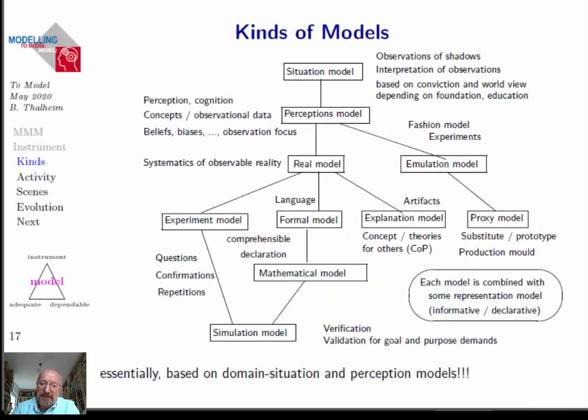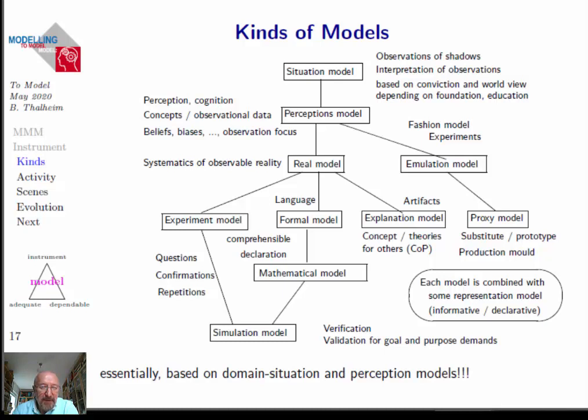As already said, in the mathematical method we have something like a situation model. The situation model can be somehow based on a perception model. It is somehow based on some kind of experiment, formal and explanation model. We map the formal model to some kind of mathematical model, and the experiment model and the mathematical model we map to some kind of simulation models.